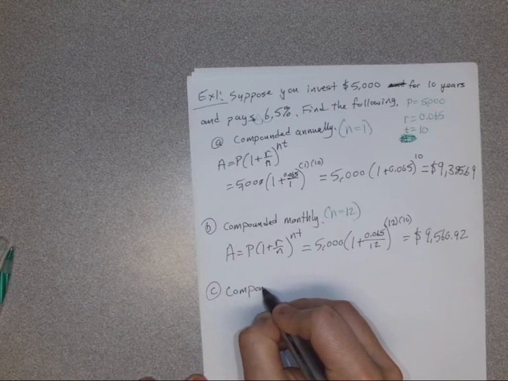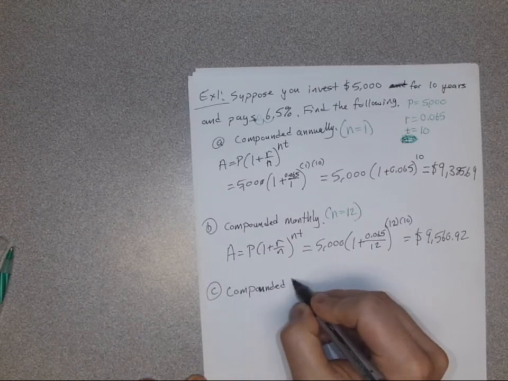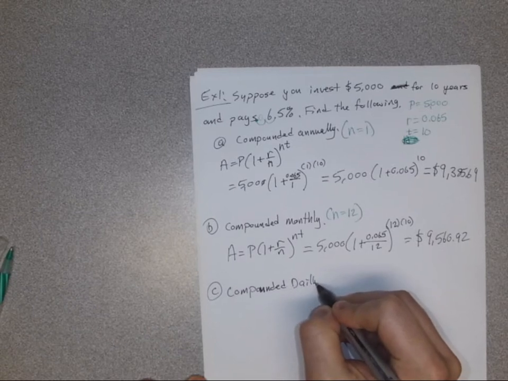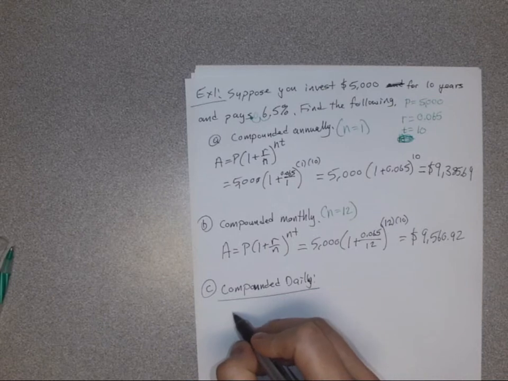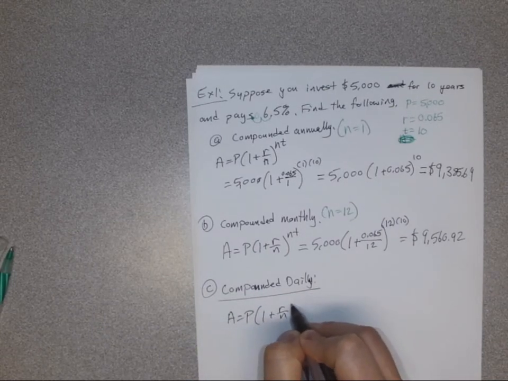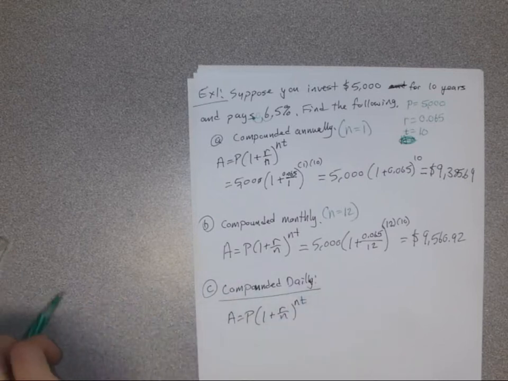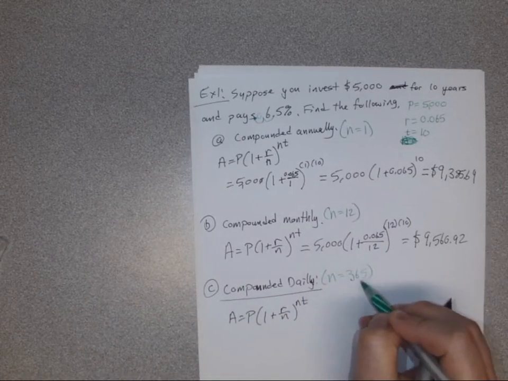All right, so we're going to try another, compounded daily. Let's write our formula. N here is 365.